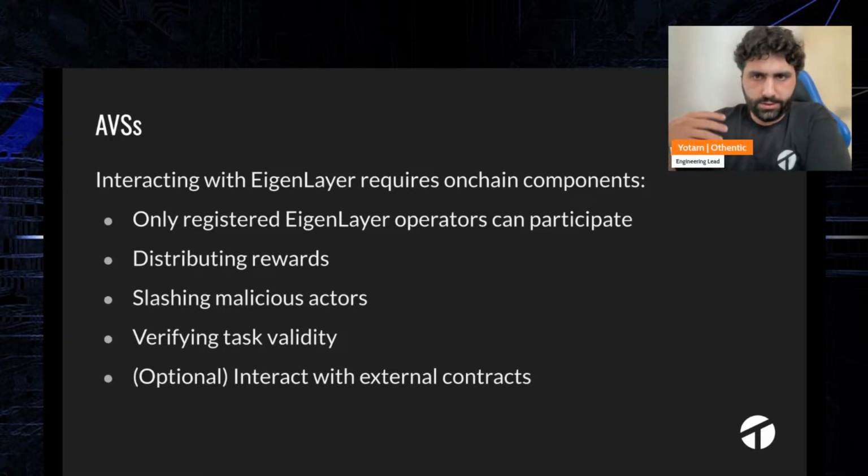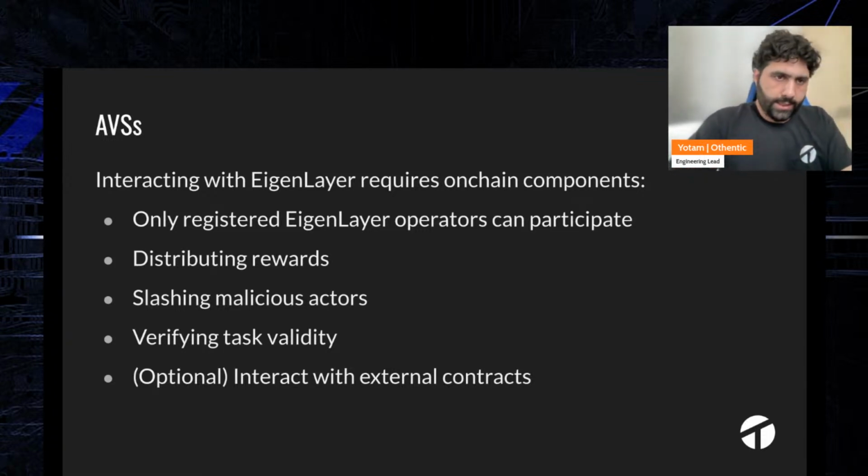There's a couple of main reasons why you need to communicate on-chain with the EigenLayer protocol. The first reason is that you want to make sure that all the nodes on your AVS network are actually staked with Eigen, right? Because if we identify malicious behavior, we want to be able to punish these validators or these operators.